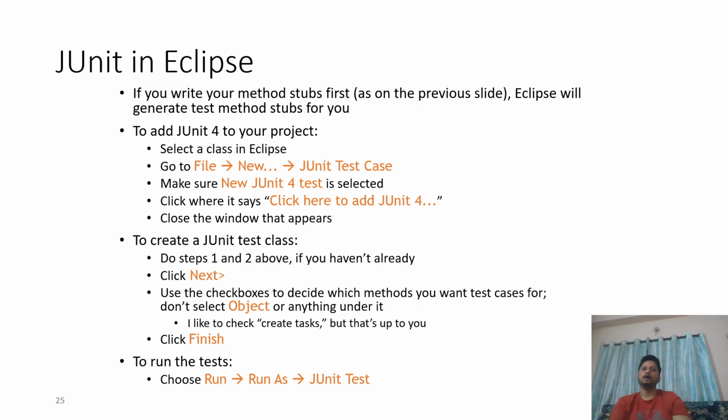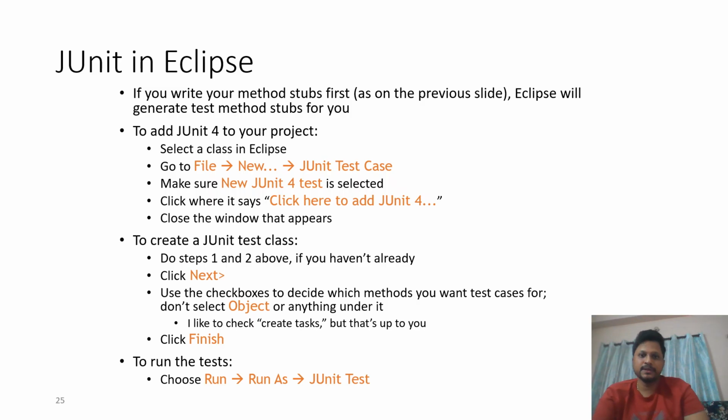Now we have learned some of the things about JUnit, and JUnit in Eclipse. If you want method stubs first, Eclipse will generate the particular test method stubs for you. And to add JUnit 4 to your project, here is the example.